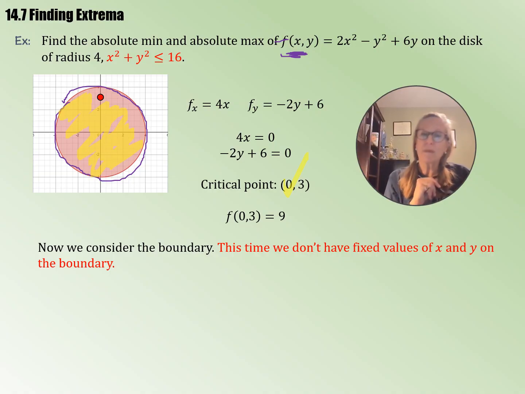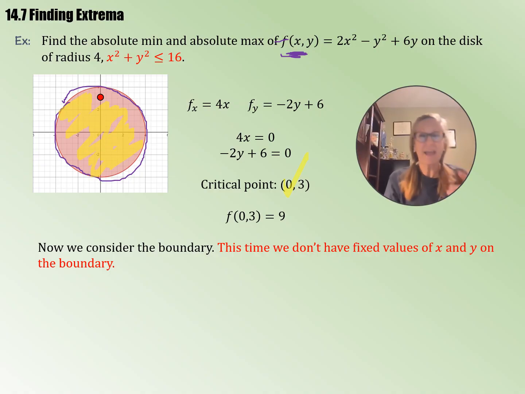But now when I consider the boundary, I don't have anything that I can fix, right? And remember what we did. When we wrote our boundary functions, our job was to get it in terms of one variable, and we held one of the variables constant.